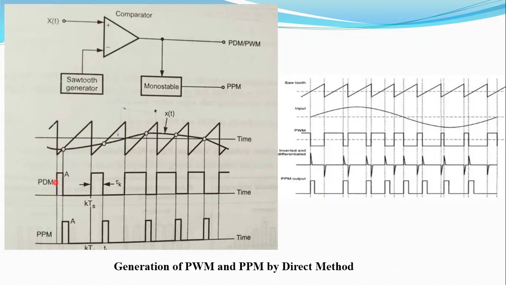So the rising edge of this pulse width modulation occurs at the fixed time period of kTs, here represented as kTs, while the trailing edges depend upon the amplitude of the message signal x of t. When the sawtooth voltage waveform is greater than x of t, that means the original message signal, the output of this comparator will be 0. And the trailing edge is modulated.